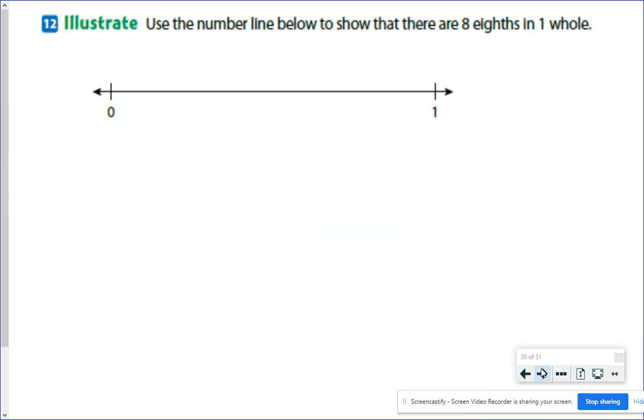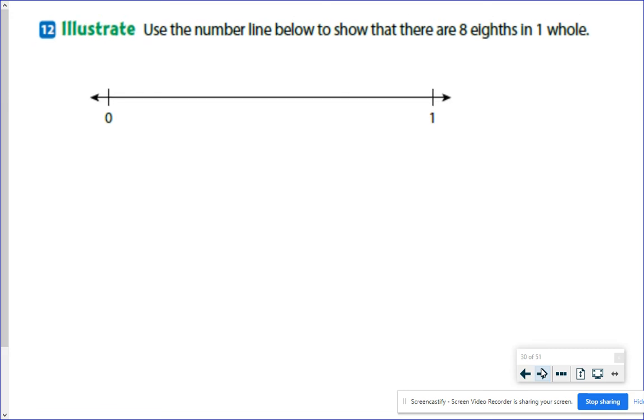Use this number line to show that 8/8 is equal to 1 whole. There are 8/8 in 1 whole. So 8/8 looks like this as a fraction, and that number on the bottom, the denominator, is telling you how many parts it needs to be broken up into. Okay, so I have 7 lines, 8 parts.